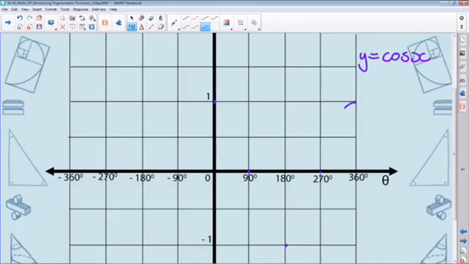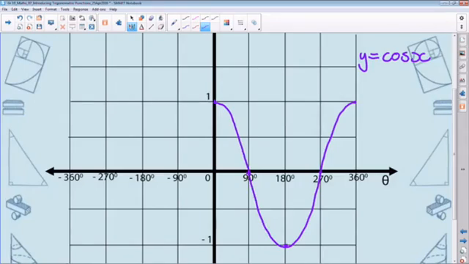A trick I've learned over the years is to draw these graphs in different stages. So you'll notice I'm drawing each quarter on its own, and then I'm lifting my pen. It just makes it easier to get the curve right.